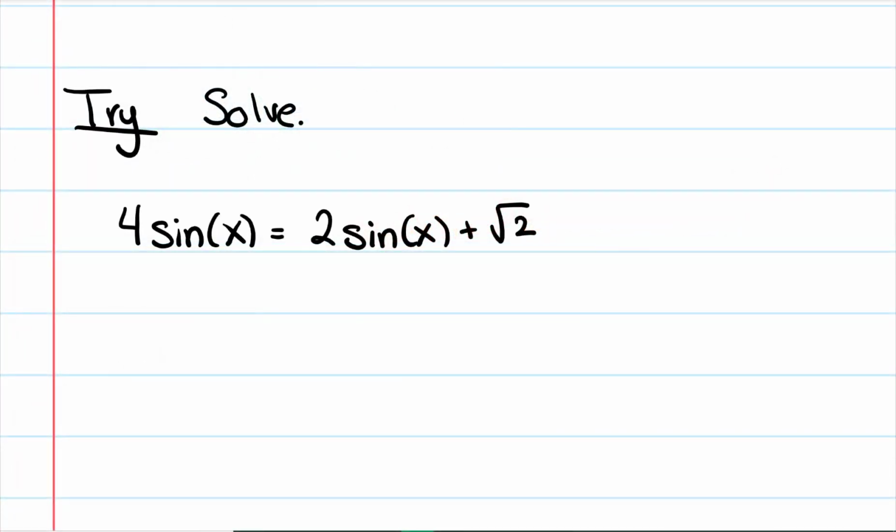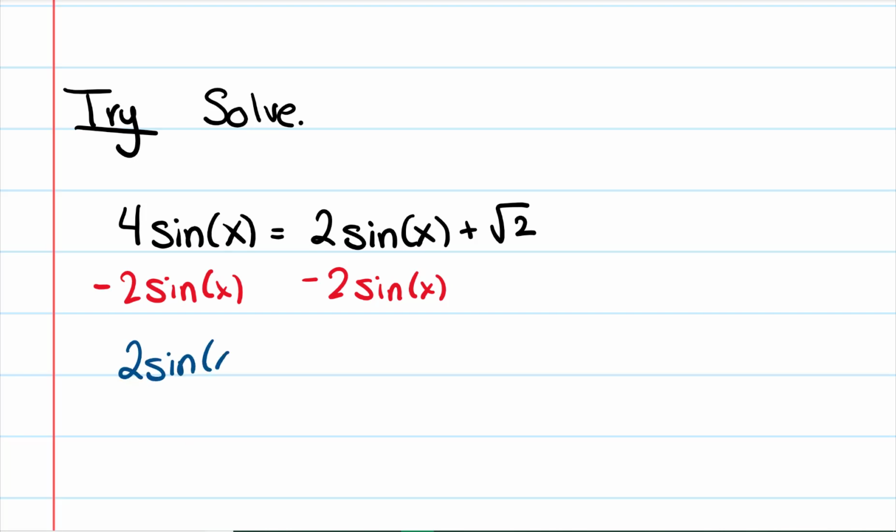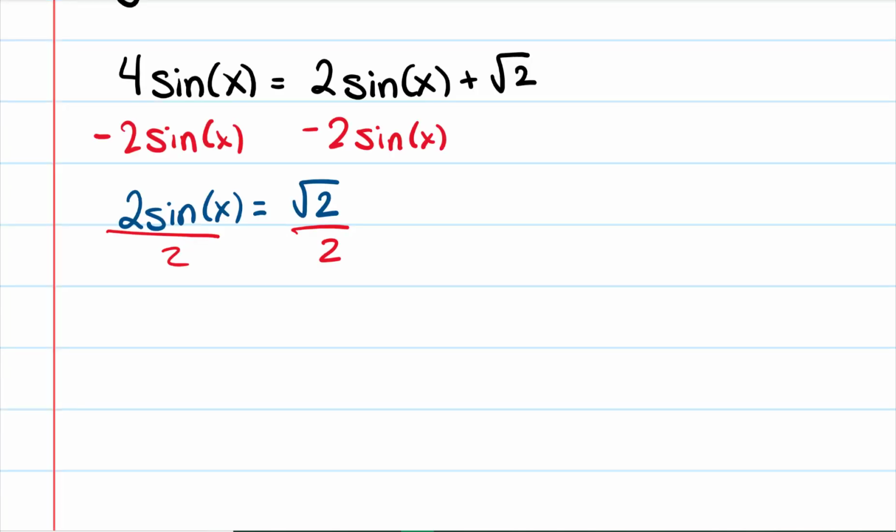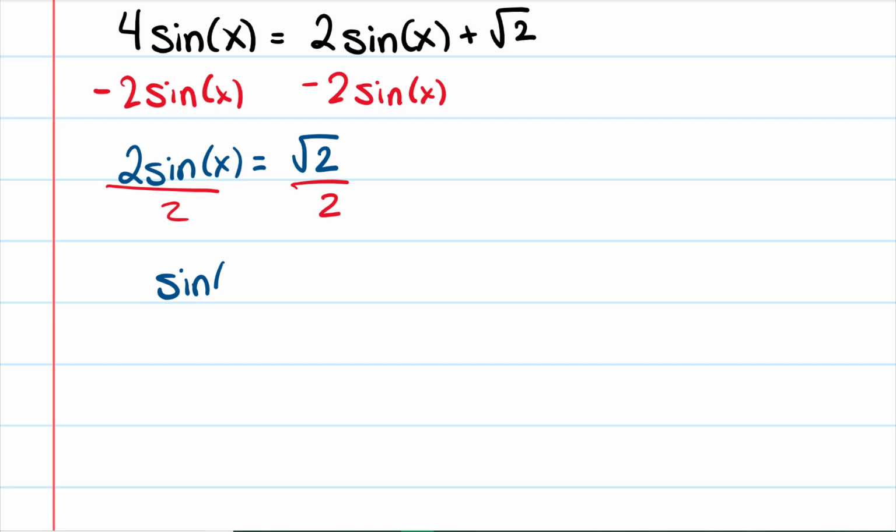Alright, so now on your own, I want you to try to solve this one and see what you get. Do not forget to put the plus 2 pi n because it's sine of x. Alright, here we go. We're going to subtract 2 sine from both sides, and so we get 2 sine of x is equal to radical 2. Then we divide both sides by 2, and we get sine of x is equal to radical 2 over 2.